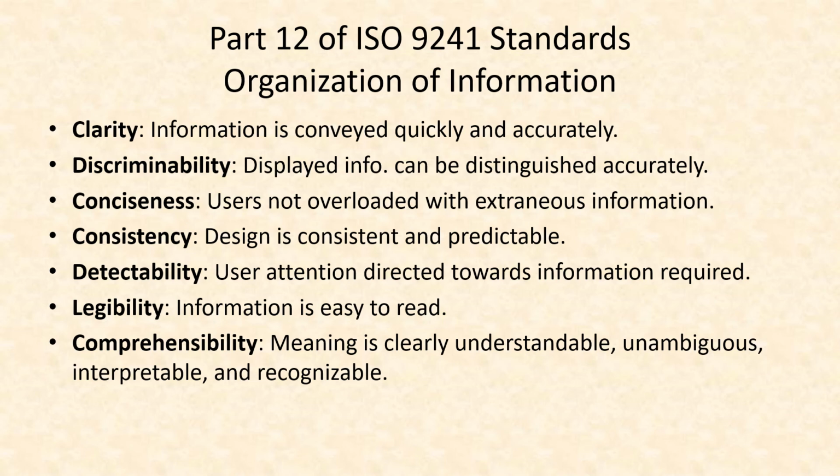That goes back to Brown. Can we see the same elements in use in the same way in different parts of the product? Can the user be directed towards what's required? Is it easy to read? Is it comprehensible? Is it easy to understand and to recognize and unambiguous?